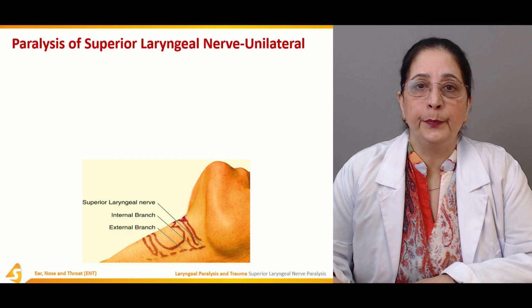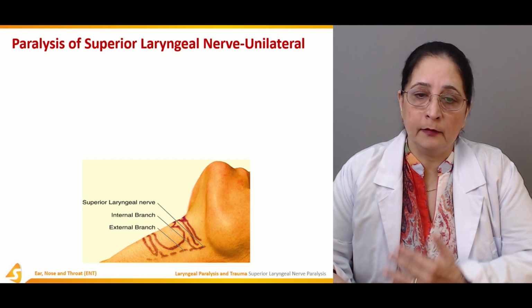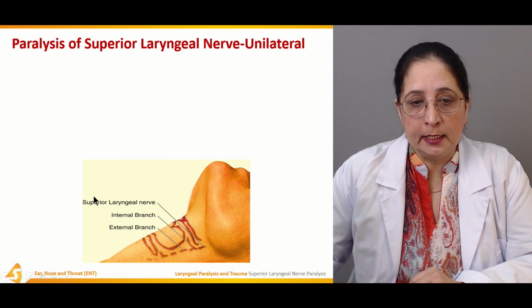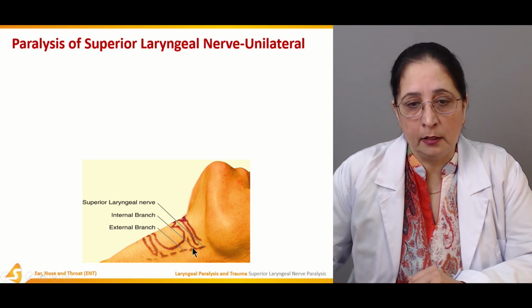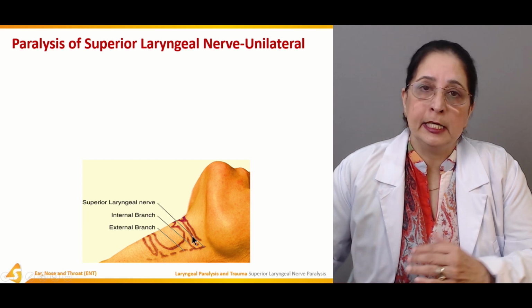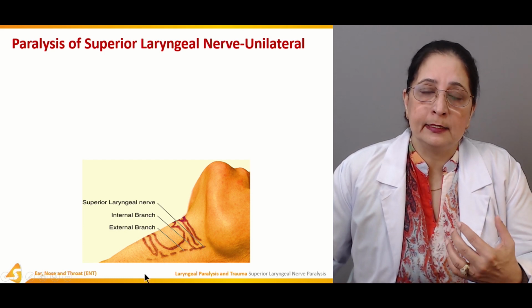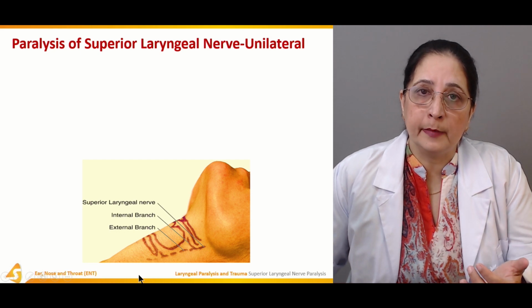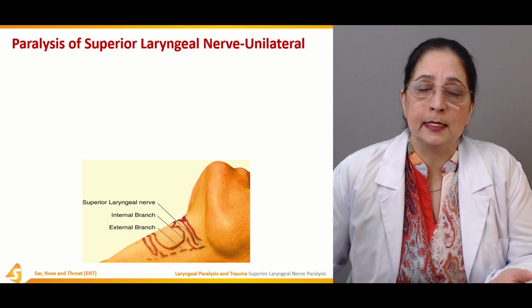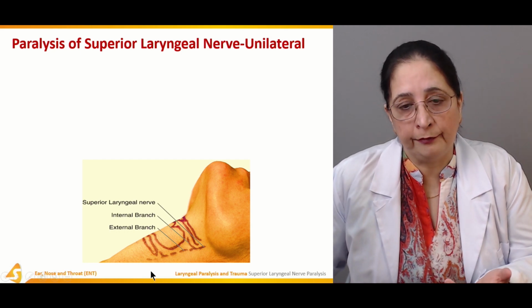Paralysis of the superior laryngeal nerve, if it's unilateral, on one side. This is the superior laryngeal nerve, that's the internal branch and that's the external branch. We said the external branch supplies the cricothyroid muscle, and the internal branch supplies the larynx and the hypopharynx.